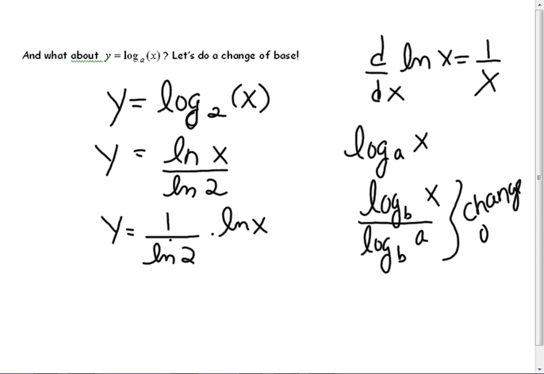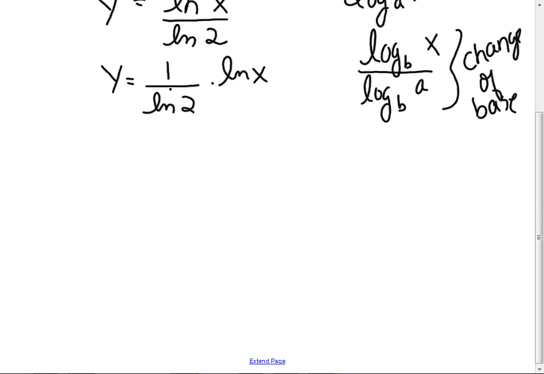I can show you why the change of base formula works, if you'd like, because I never knew change of base. I would rewrite this, 2 to the y equals x. That's how I was taught a long time ago. We have 2 to the y is equal to x, and I want to change that to natural log, so I'll natural log it.